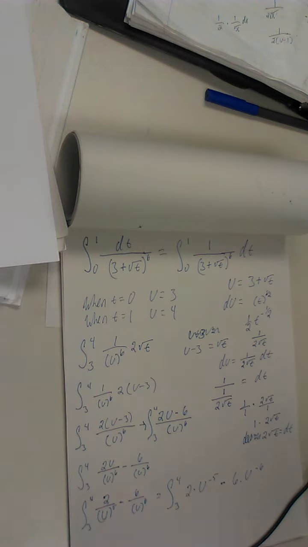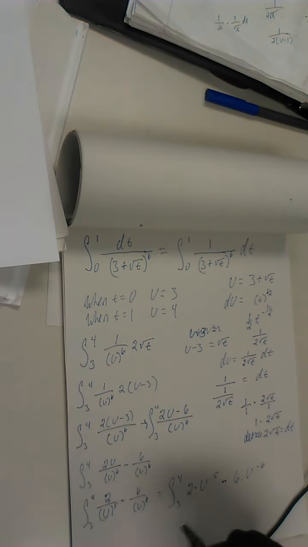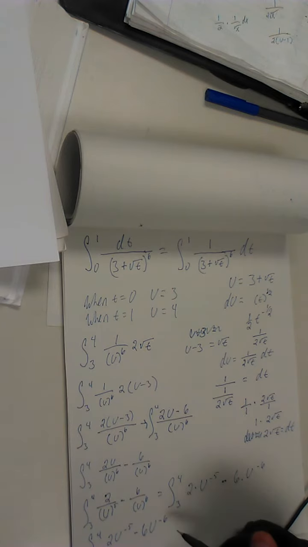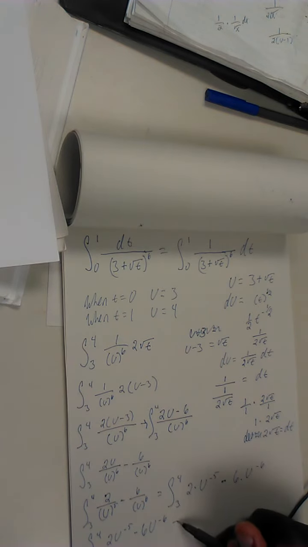So now when you put these together, you're looking at the integral going from 3 to 4 of 2u to the negative 5 minus 6u to the negative 6, right?